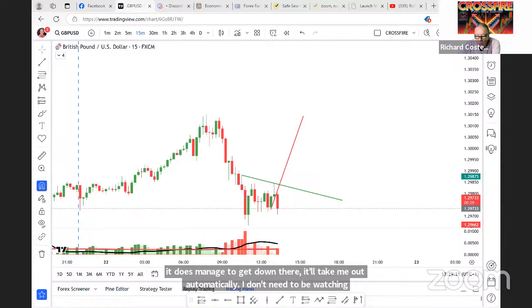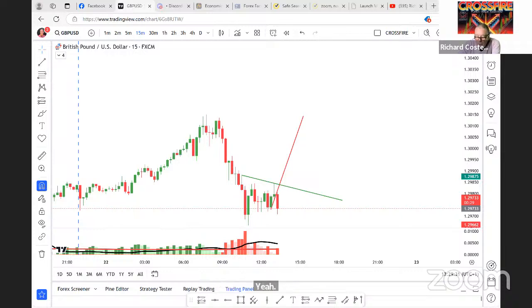And I'm going to look at another pair. If I can get this out of the way. So which one shall we look at? We'll look at Euro CAD.